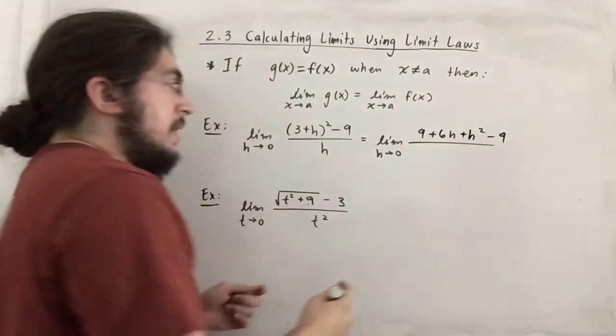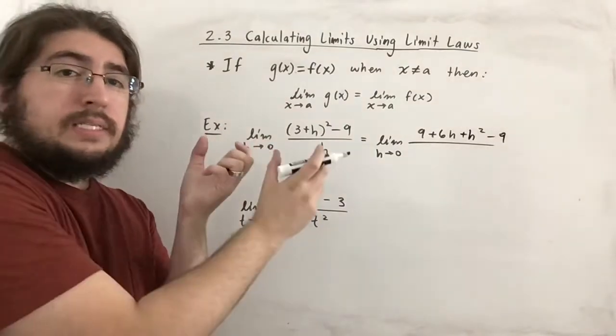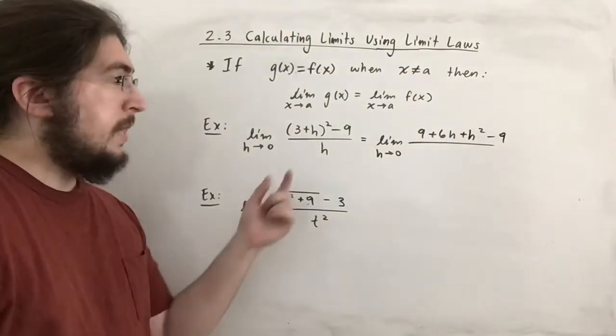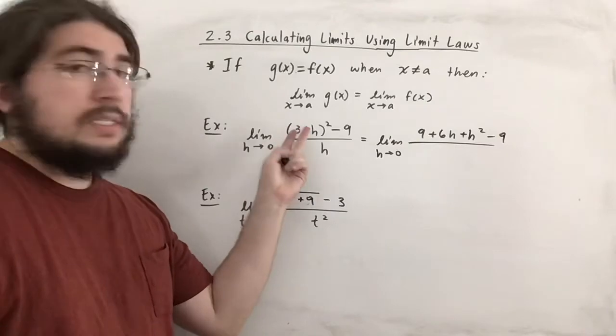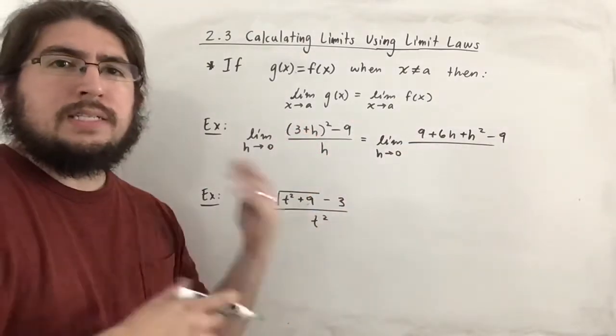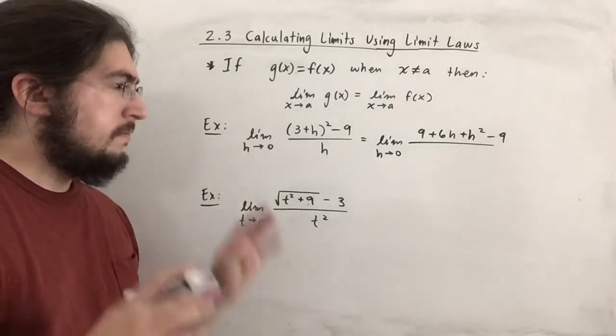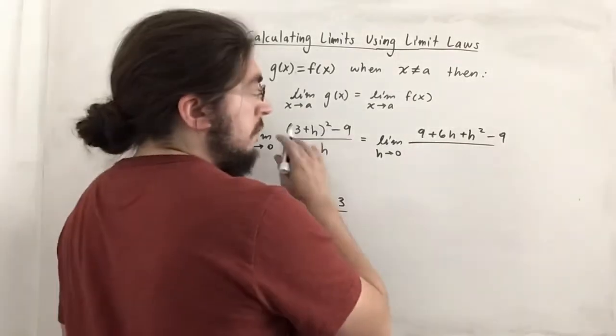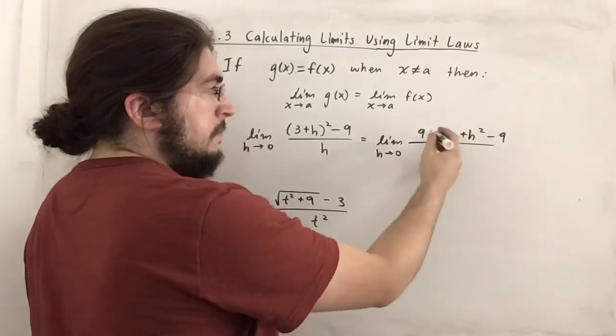This is of course because 3 plus h squared is 3 plus h times itself, so you have to FOIL that out. You end up getting the first one squared plus 2 times the product, so that's 6h, plus the last one squared. And that's just a common binomial expansion for the second power.